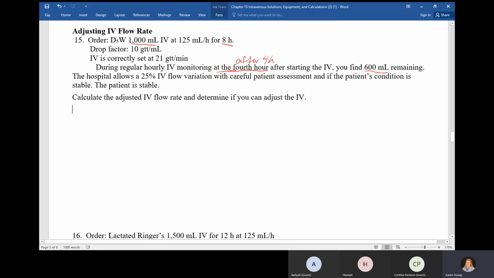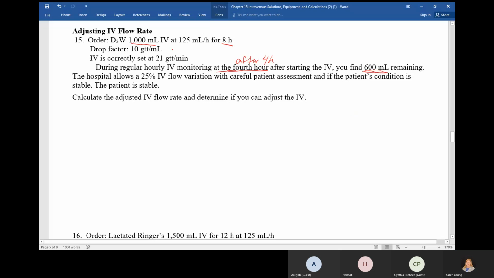If it's only supposed to run for 8 hours and it's already run 4, that's half the time, so we should be halfway through our milliliters. Half of 1,000 is 500, so we should be at 500 milliliters remaining. Well, this is where we have to adjust it, because we have 600 milliliters remaining.